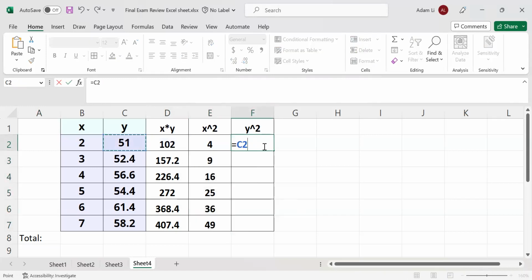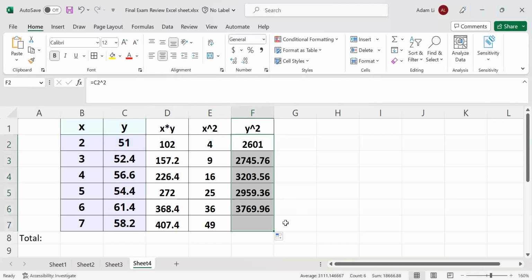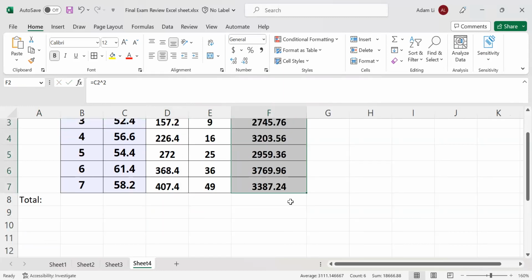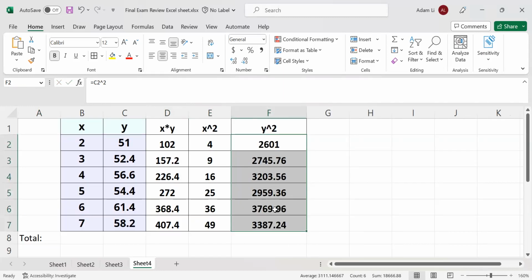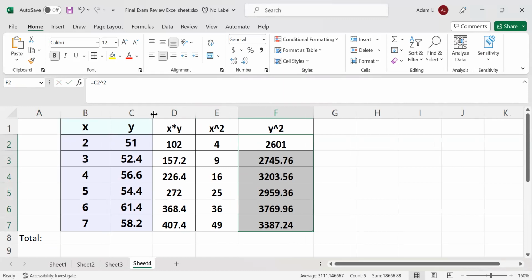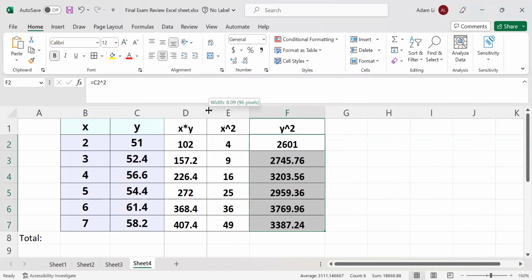Same thing for the Y squared. Squared C2. Drag it. I'm going to make this a little bit longer because this one has a decimal, so it probably needs more space. So make sure that once you have the numbers, resize a little bit, and you can just drag it, resize it.